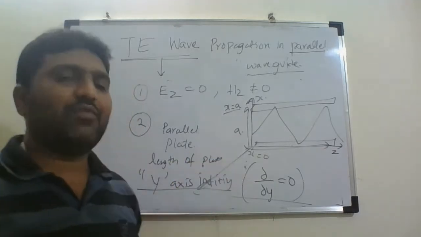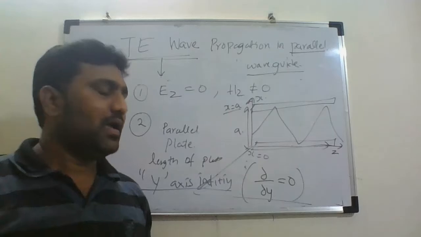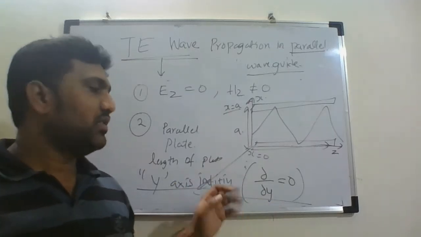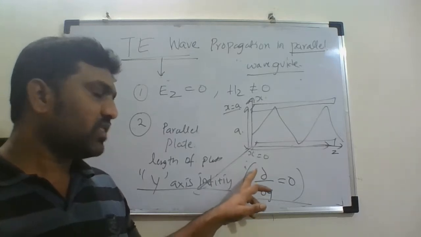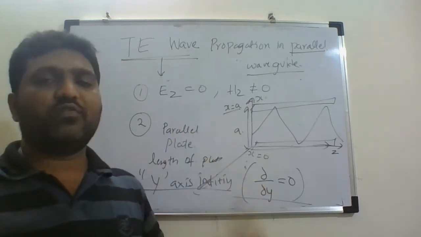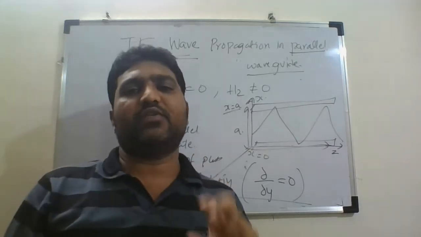If I take the derivative of any quantity with respect to y, because there are no boundaries, we always take d by dou y equal to 0. So these are the two points that we have to remember.